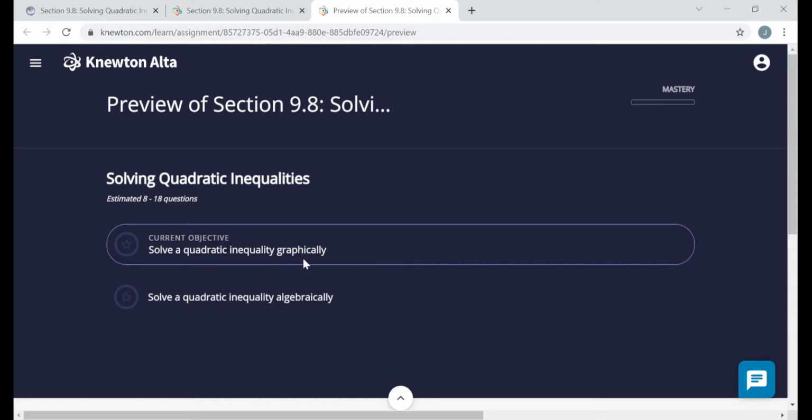One way is graphically, and another way is algebraically. And I'll go over both methods, but really they give you the same result, and you just pick which one you like better.